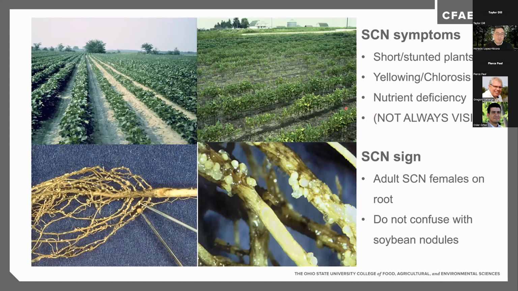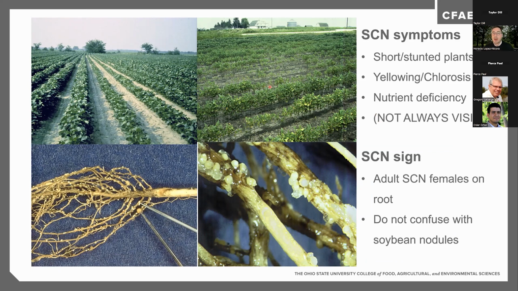The symptoms that we normally will see, if we see any symptoms, are mainly related to stressful conditions. When there's a drought year, we will see plants wilting more in areas with high levels of soybean cyst nematode.